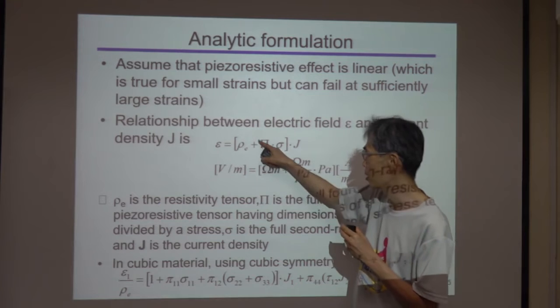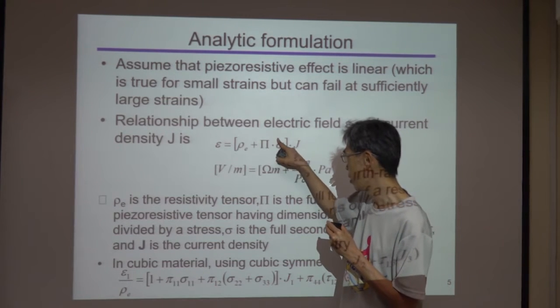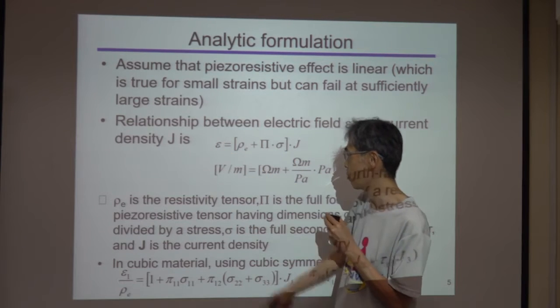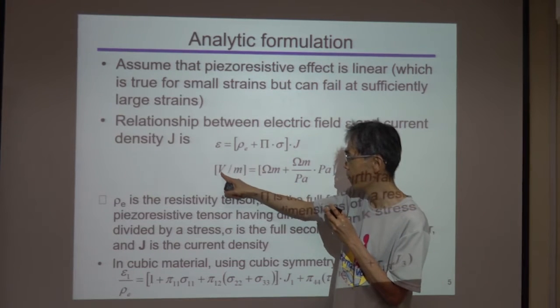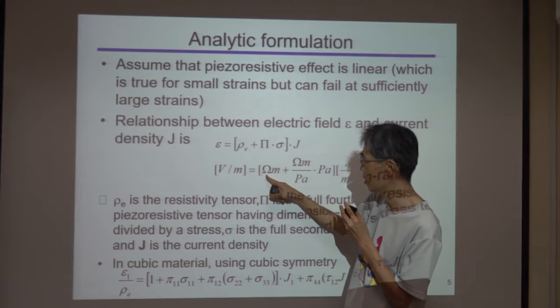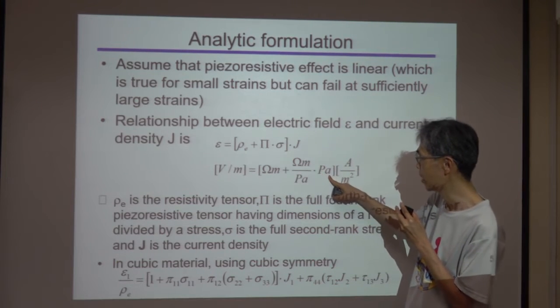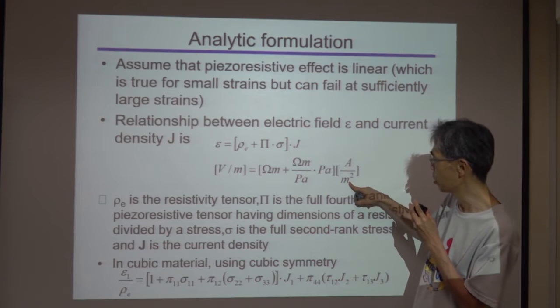And this one is the relation between stress and the electric field. So the unit for electric field is volt per meter. Unit for resistivity is ohm meter. The unit for stress is Pascal. The unit for current density is ampere per meter square.